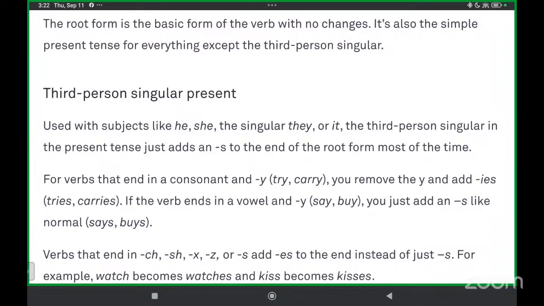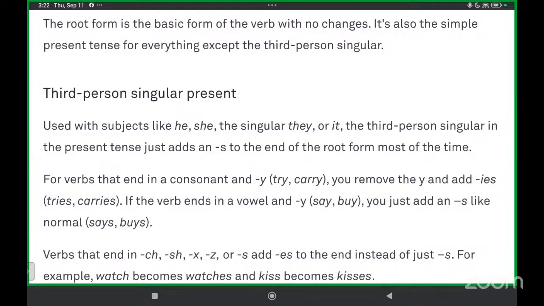Okay, verbs that end in CH, SH, X, Z. Ma'am, how can a verb end with X? Yeah, mostly they do not end with X. Z also.